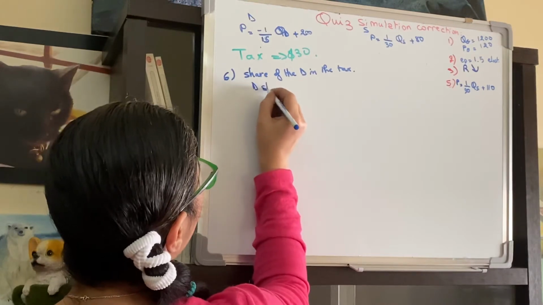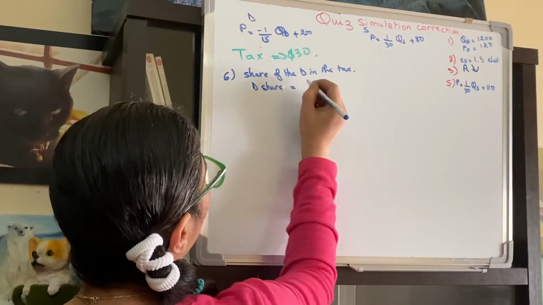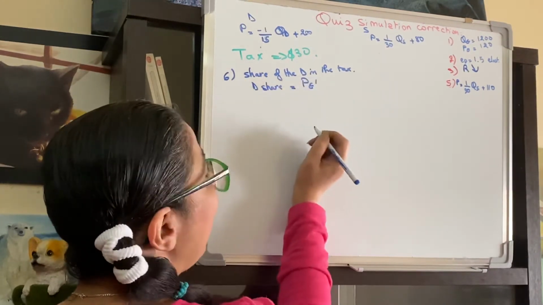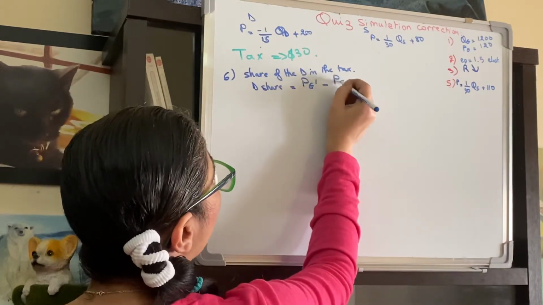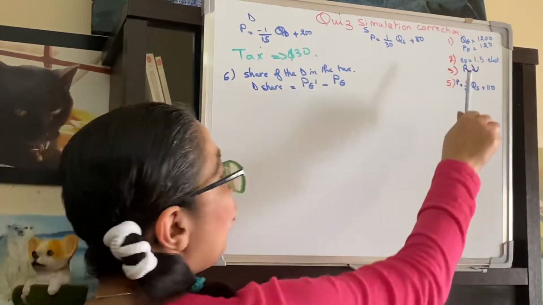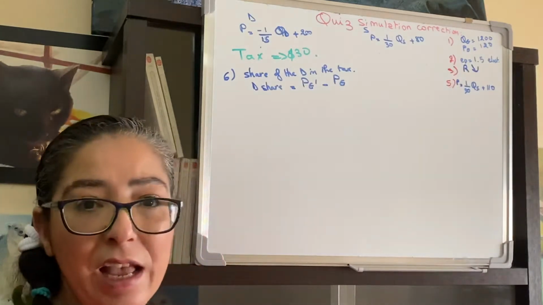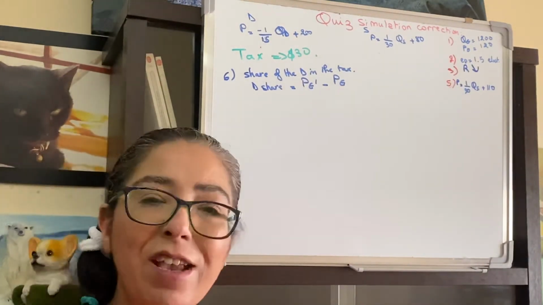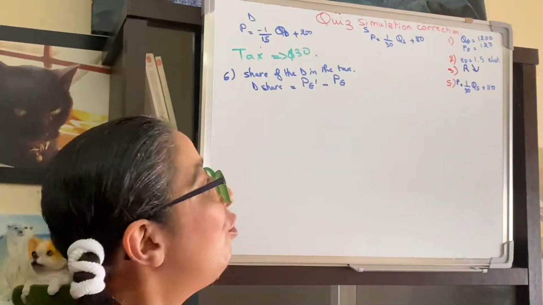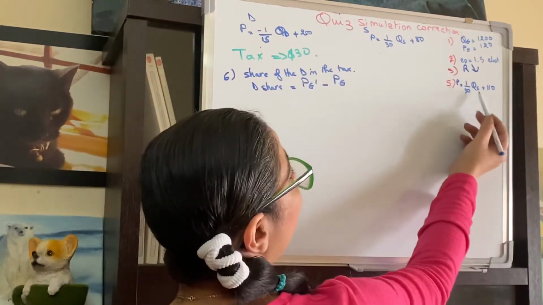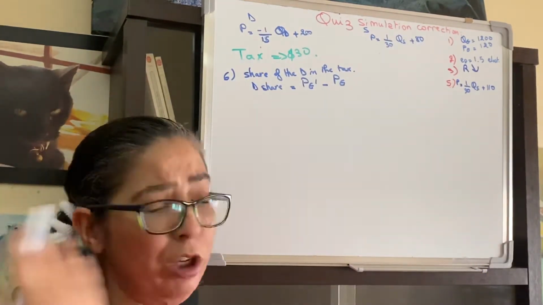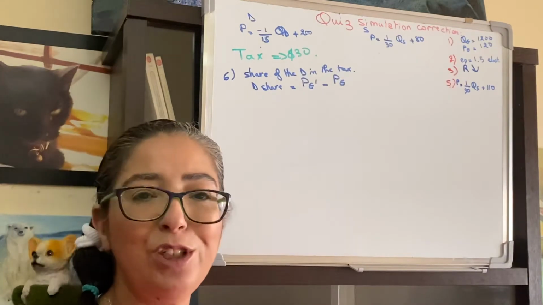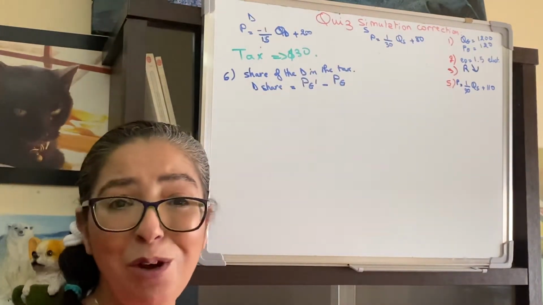The demand share is equal to the new price it pays minus the old price. The old price, I have it already. But the new price, I don't have it. I have to look for it. So to look for it, I have the new equation of supply with the old demand because nothing happened to the demand. And I find the equilibrium price.